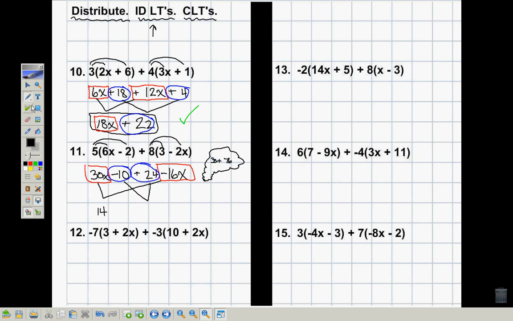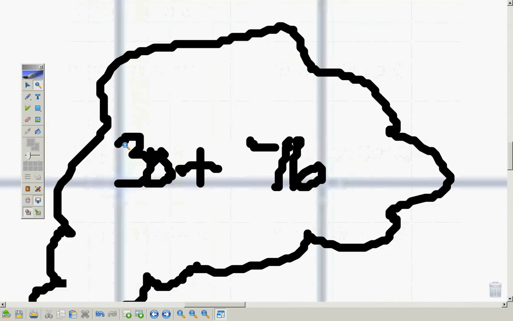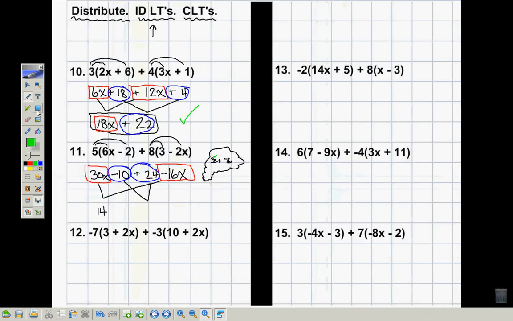And that's when you look at the two numbers, a crinkly 30 and a crinkly negative 16, and you say, which one has the greater absolute value? And the answer is, of course, 30 has the greater absolute value. So you take the sign from that number, which is positive. So we keep that positive symbol with the 14.